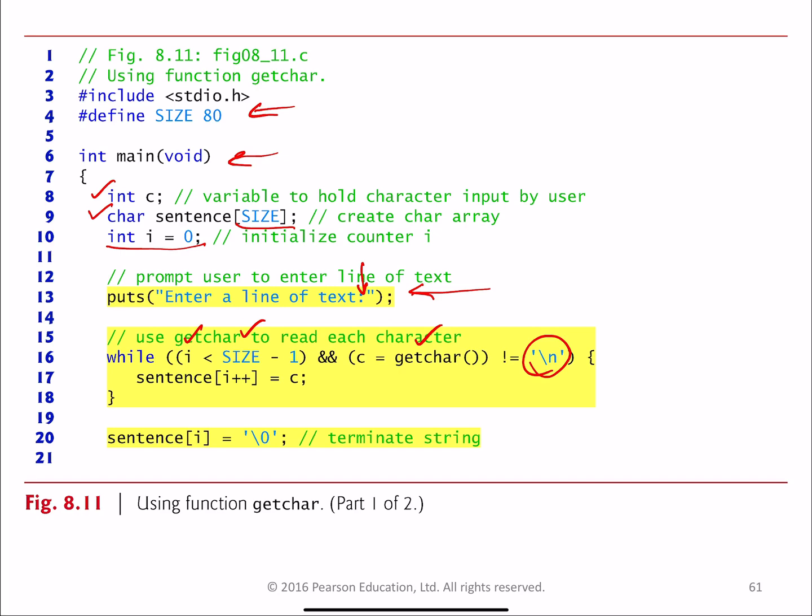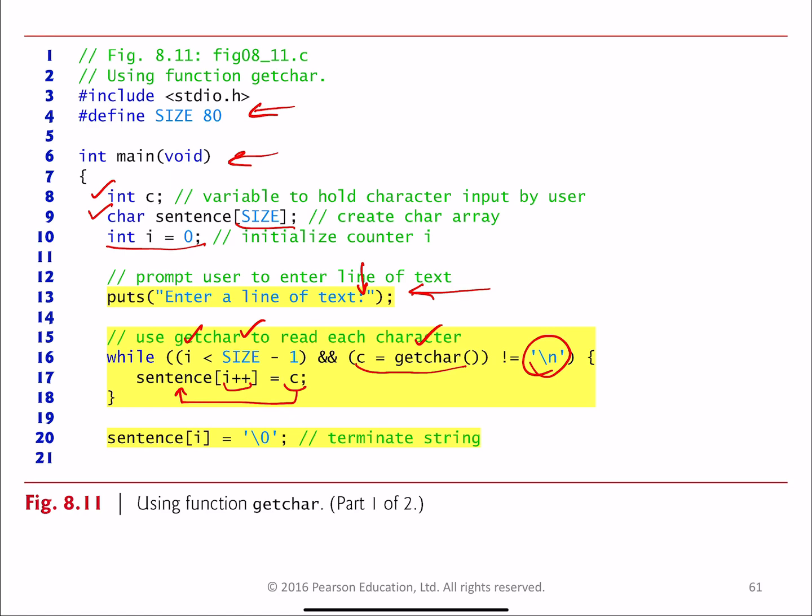And as long as that happens, the character that getchar receives over here, so this is happening in the condition of the while loop, that character c is placed into character array sentence. And look over here, we have a post increment operator applied to i. So if you're wondering how i is changing in this while loop, this is how.